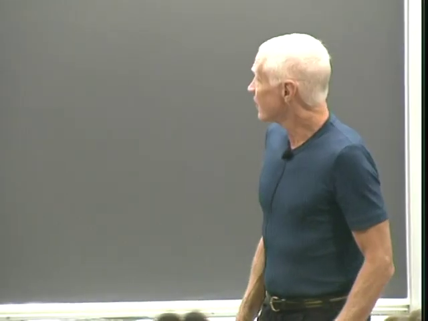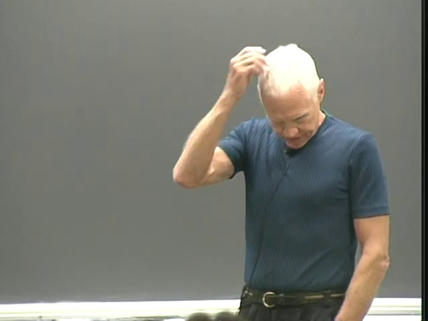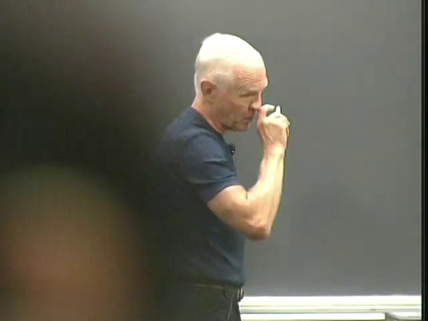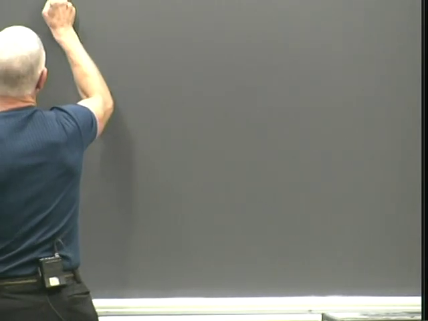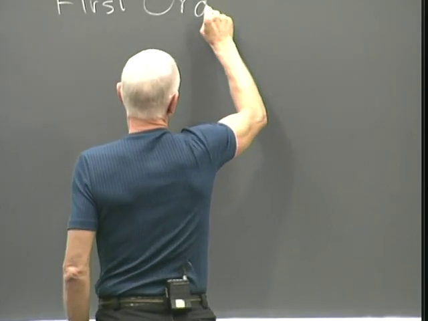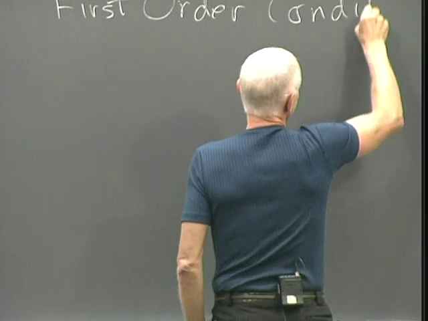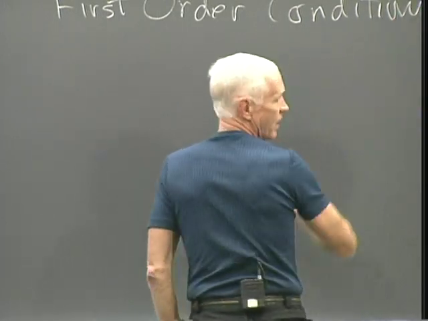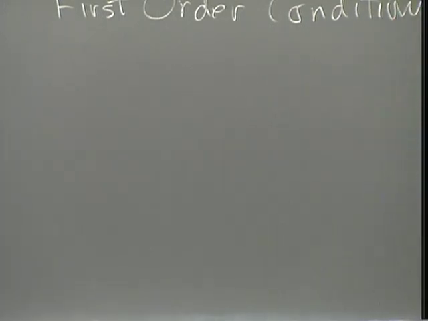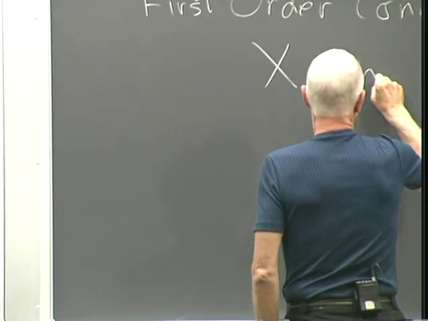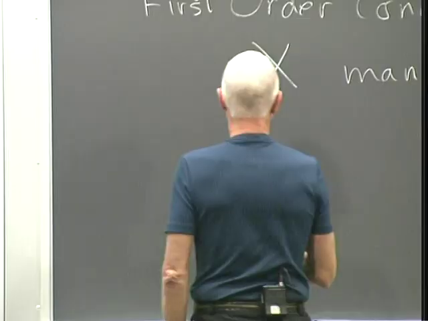So just to be rough, what we're going to look at is always first-order conditions. Let's suppose X is a smooth manifold of some dimension.